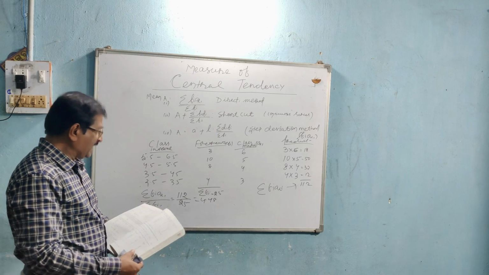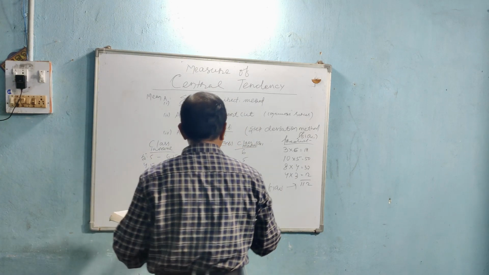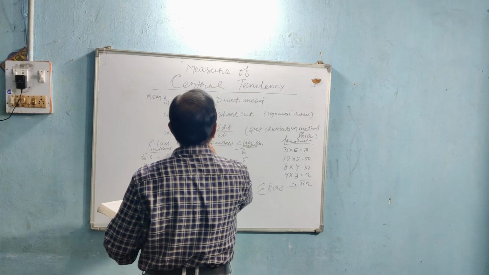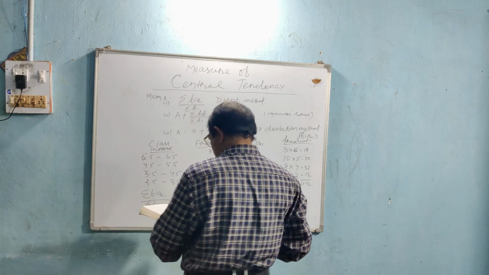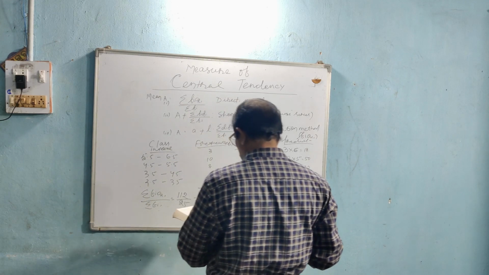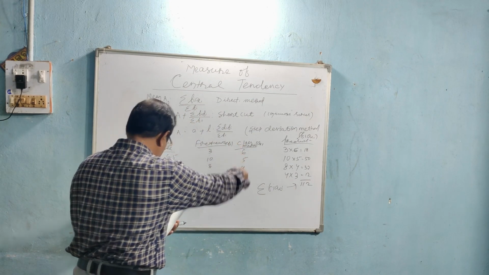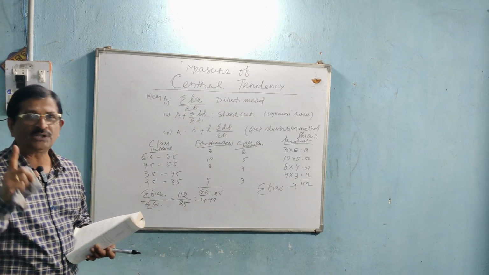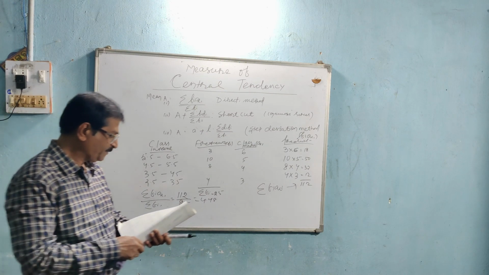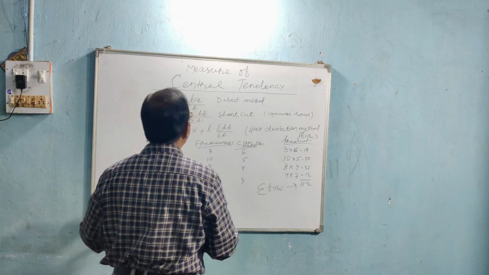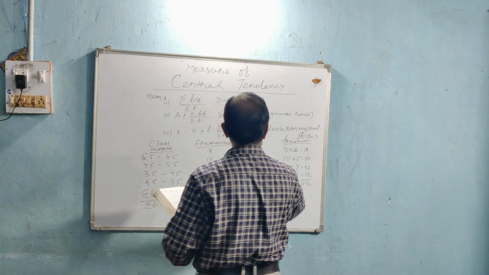Now you see, whenever we are going for that, first of all this is your fi, this is your xi, and thereafter we have to take your di, meaning out of these class marks we have to take an assumed mean, and that assumed mean should be subtracted from it.